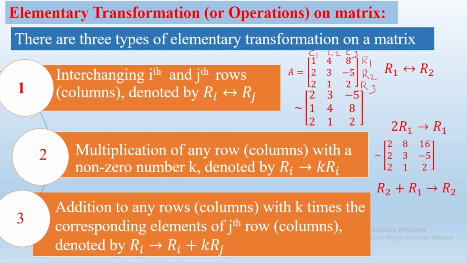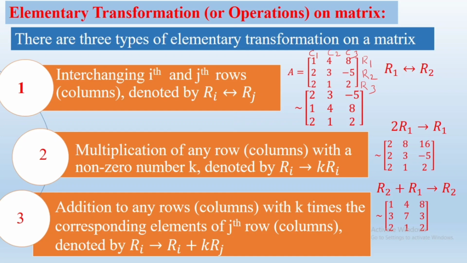Still I am taking the same matrix here, friends. So R2 + R1 in place of R2. That means we are adding these two, friends. Where is the transformation? In place of R2. See here, 1 4 8, and R2 + R1: 2 + 1 = 3, 3 + 4 = 7, -5 + 8 = 3.